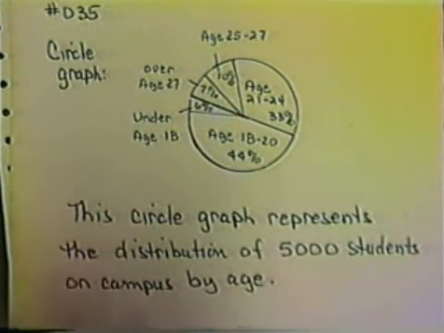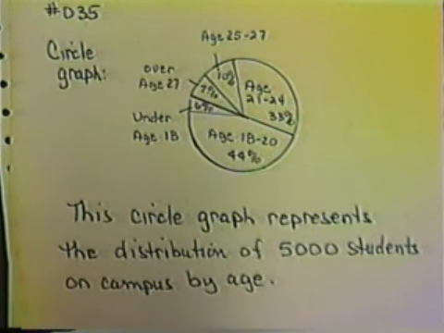Now, what we want to understand is that this particular circle graph represents the distribution of 5,000 students on the campus by age. It could have been done many different ways. It could have been by hair color, or by areas they were interested in, their field of study.